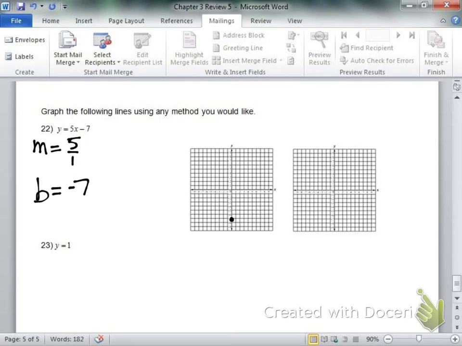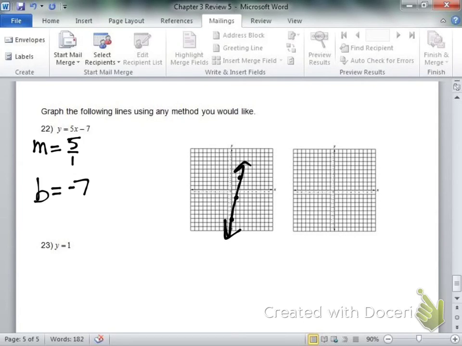Then I'm going to rise 5. I'm going to run 1. I'm going to rise 5. I'm going to run 1. This is your line. Count on yours. Up 5, right 1. It's easier to count on yours than to try to follow along with mine.